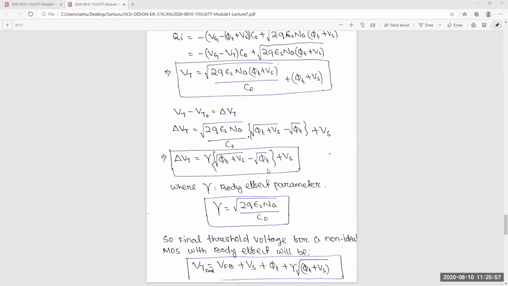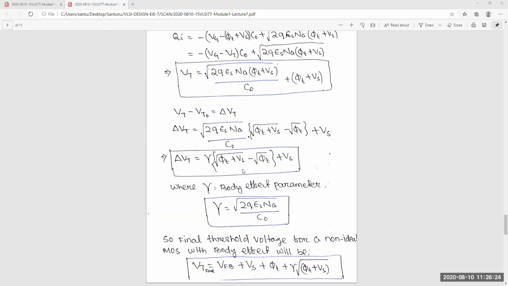How it comes as 2 phi f I have already described in the band diagram, you can relate that. So remember and understand these things. Whether you go to the Kang book or other books, it's not difficult. Same things, different notations. You can solve many different problems using these equations.